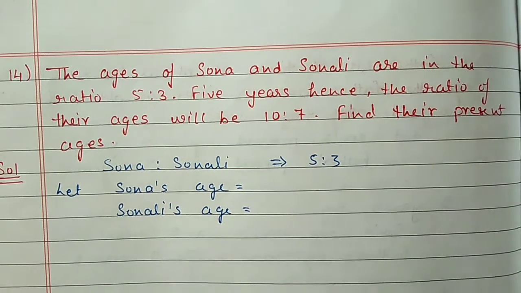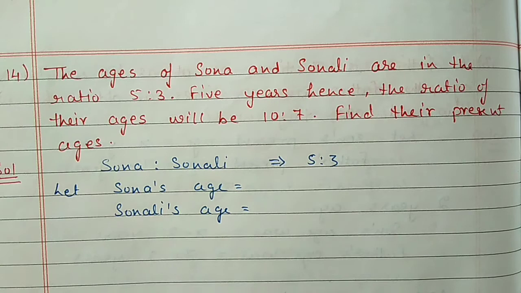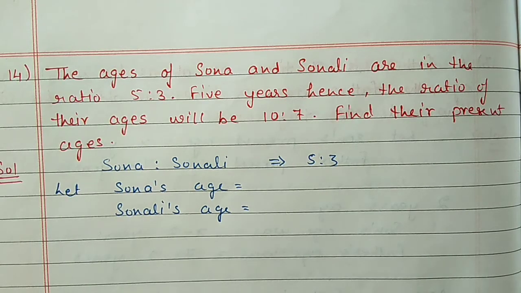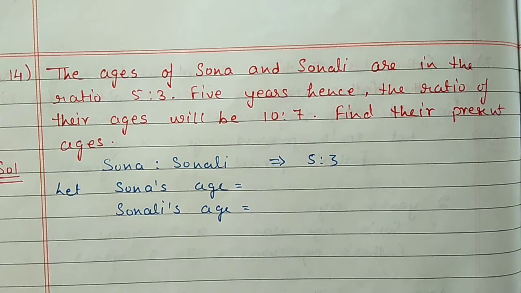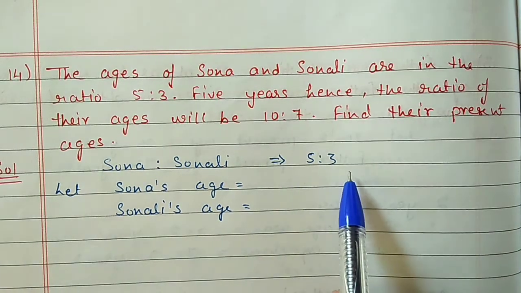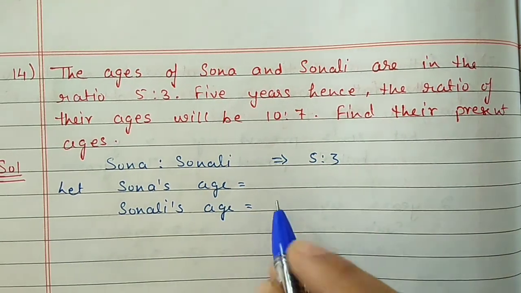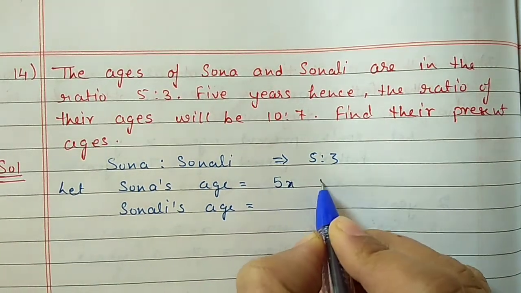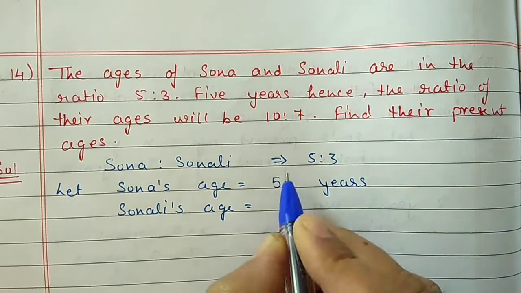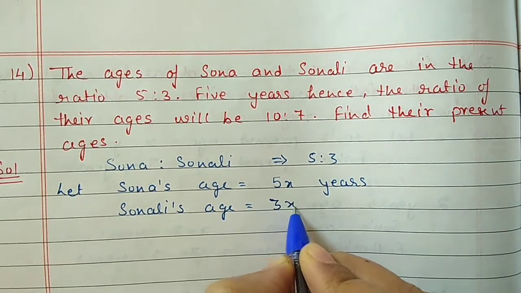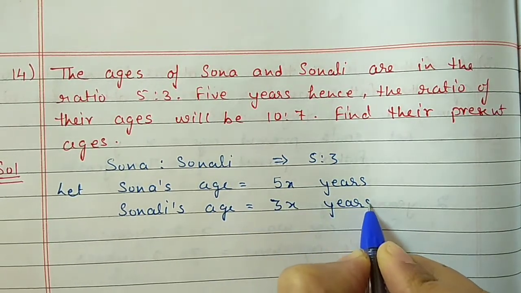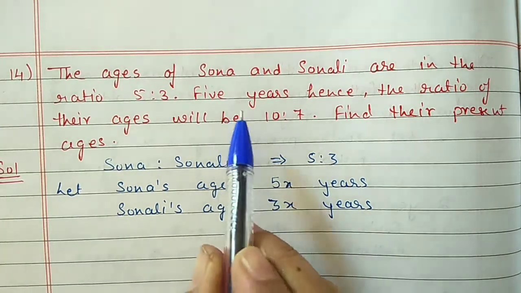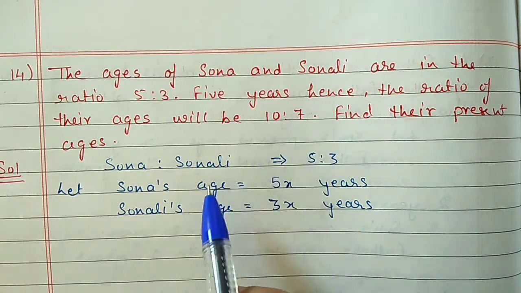Next question number 14. The ages of Sona and Sonali are in the ratio of 5:3. 5 years hence the ratio of their ages will be 10:7. Find their present age. Because here the ratio is given for their age, we can take, let Sona's age be 5x and Sonali's age be 3x years. This is their present age. Now 5 years hence means in future.